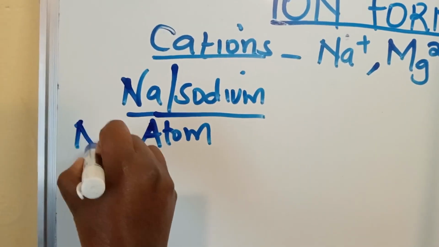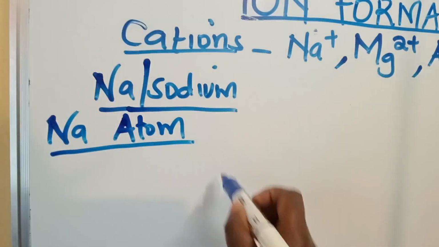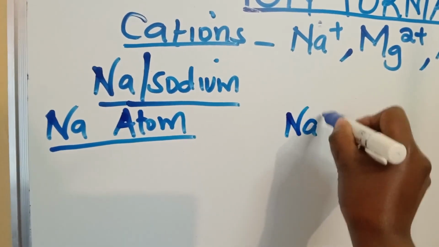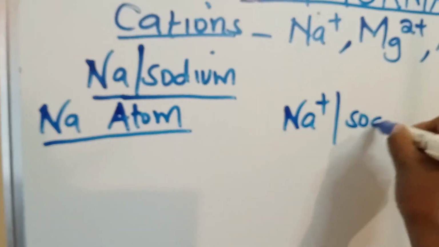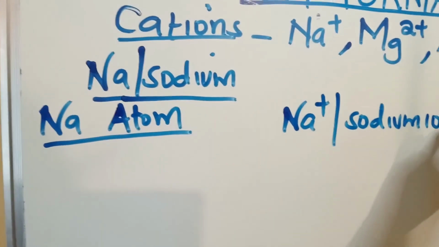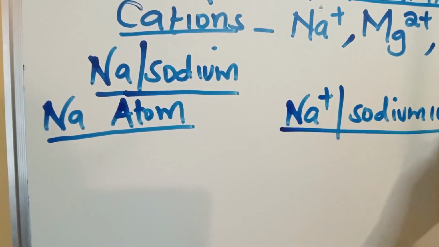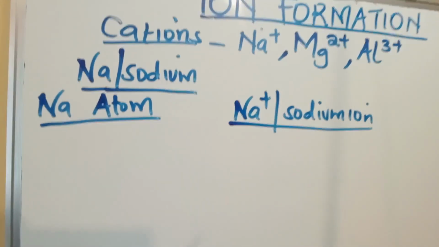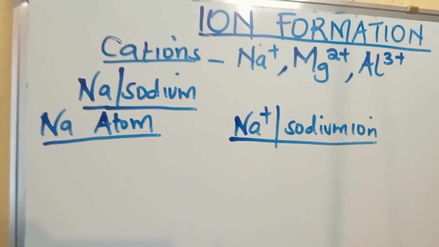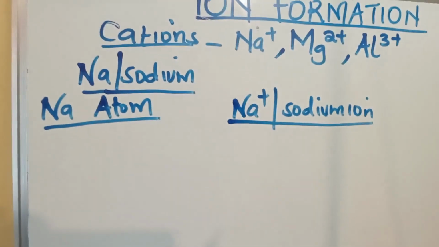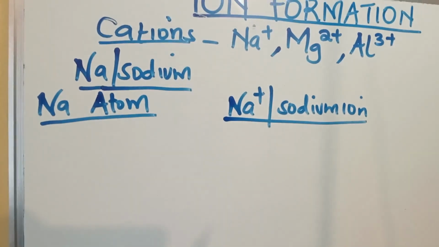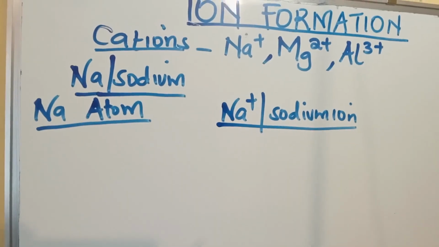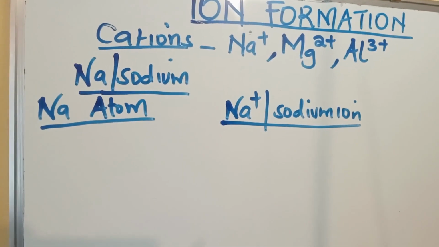So sodium atom on one side, and then on another side we have the sodium ion. There is something that I said in our previous lesson that is also very important in whatever we are doing, and that point was that atoms are electrically neutral.